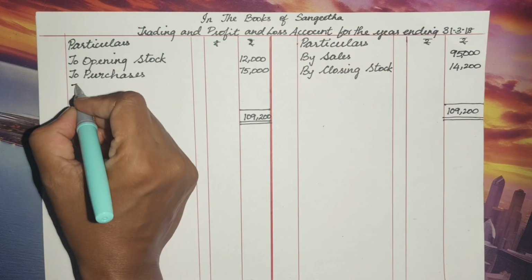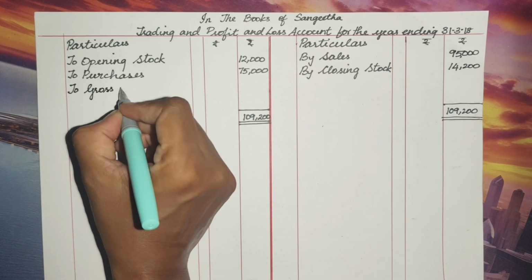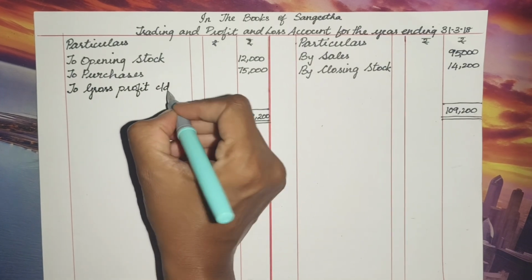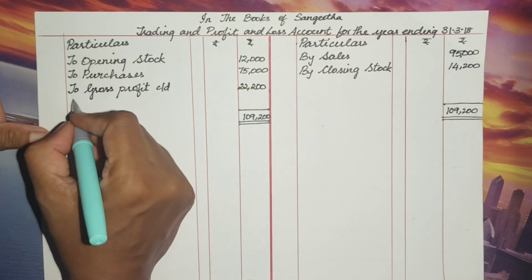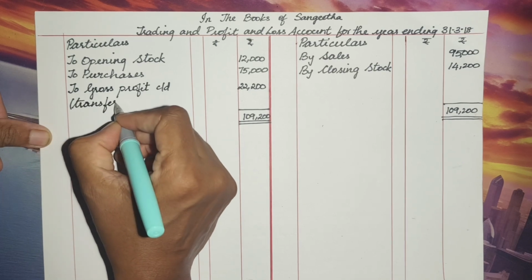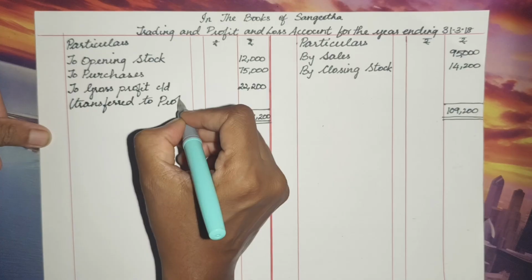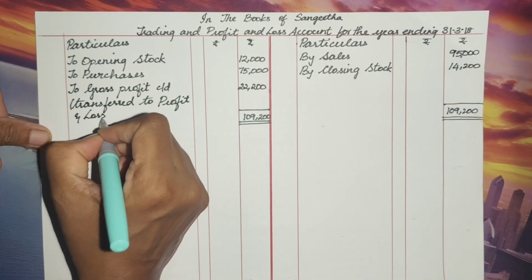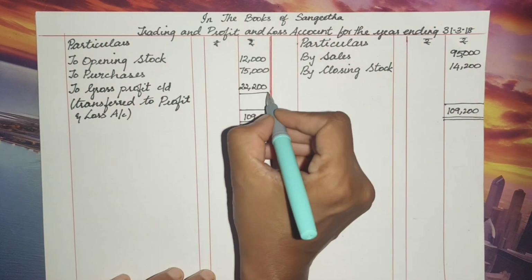Now how do I find out this gross profit carried down? 1,09,200, the credit side total, the biggest total, minus the debit side total, which is 87,000. When I subtract both of them, I will get the answer as 22,200. Put that straight to gross profit carried down with the narration written below. And to highlight the answer, please box it so that the person who corrects the paper can easily find out which is the gross profit.